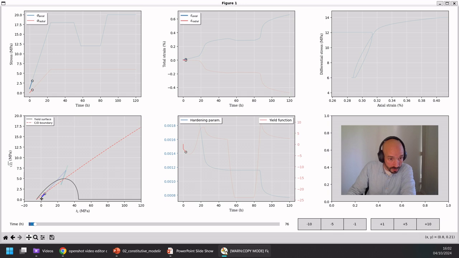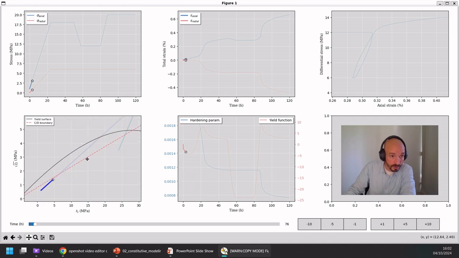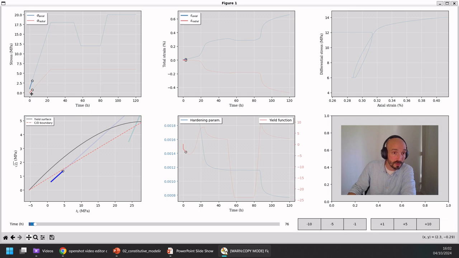What I'm showing here is the stress point. This point here shows the stress point corresponding to this stress condition. So I'm applying this radial stress and this axial stress, and if I compute I1 and the square root of J2, it gives me this point here. In the very beginning, the point is this one, and we can see how it moves when we increase the axial strain and radial strain.